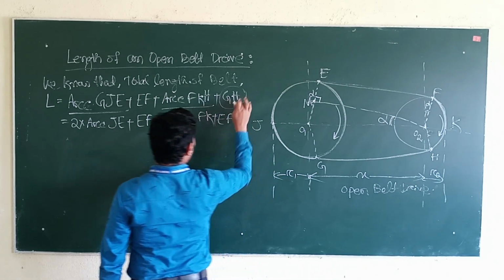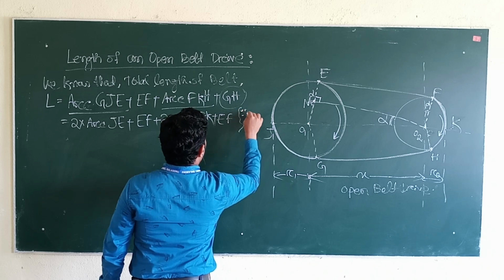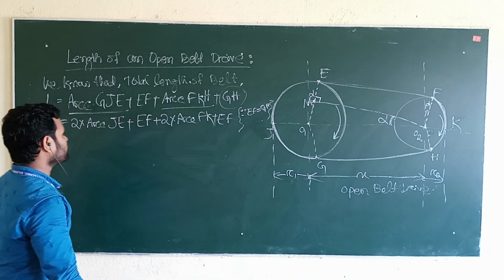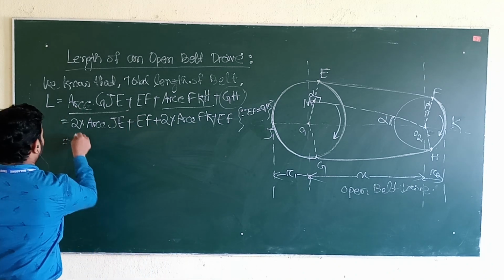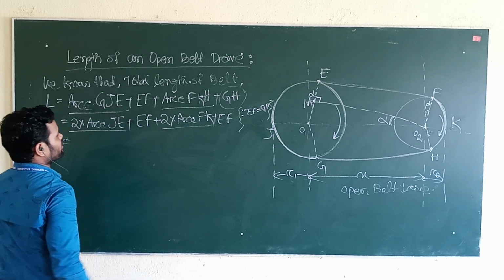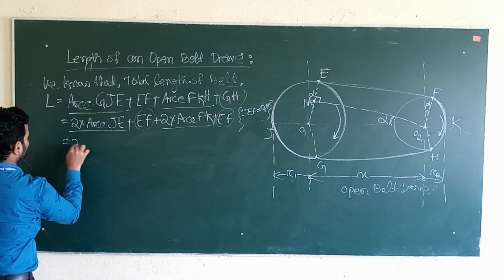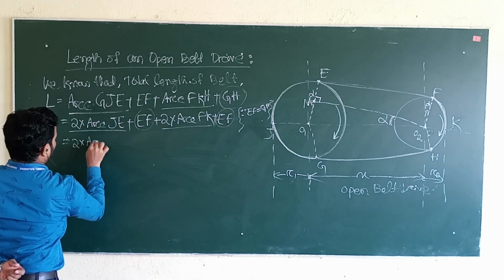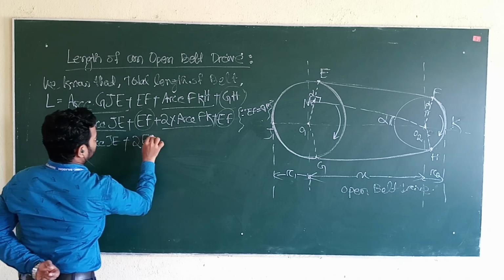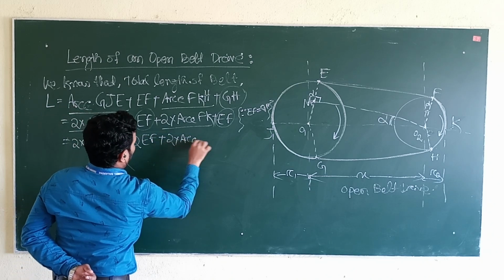So the equation becomes 2 into arc JE plus 2 into EF plus 2 into arc FK.